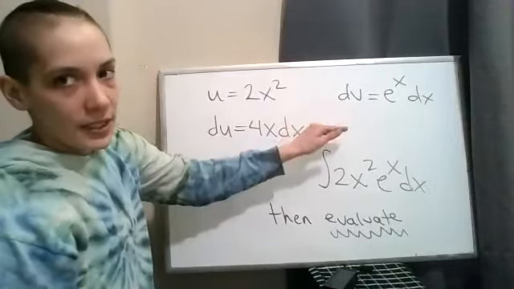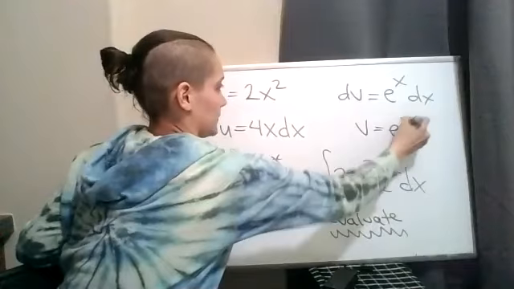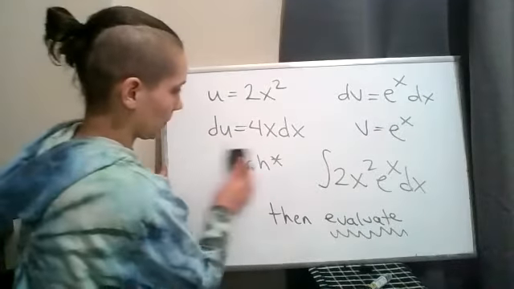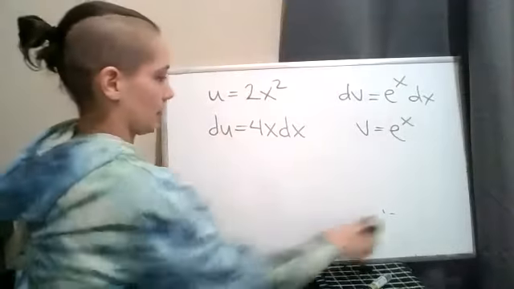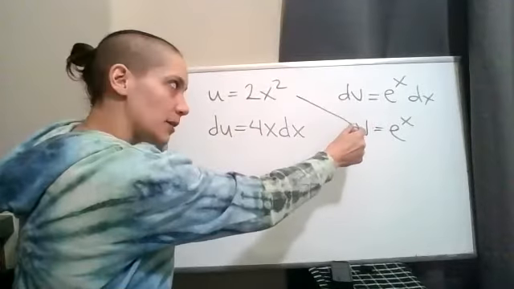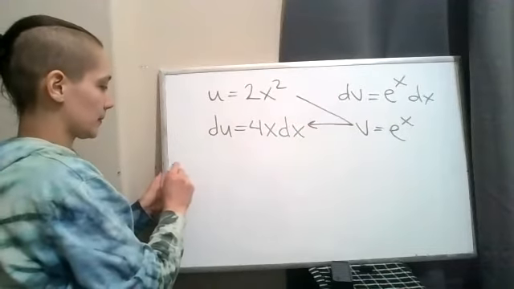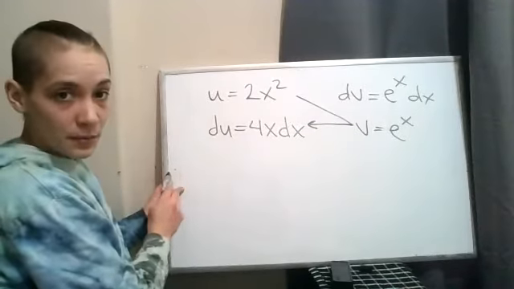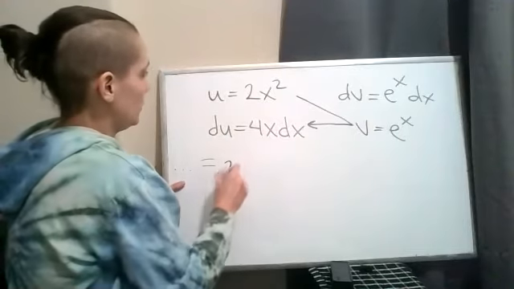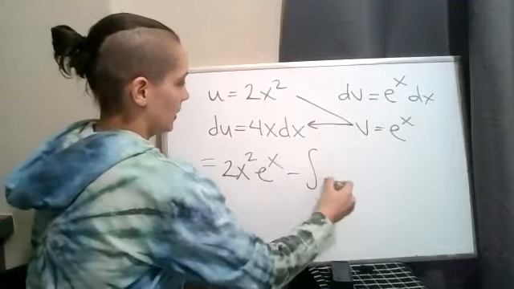On this side, v is equal to e to the x. Multiply u with v, and then subtract the integral of v du. So it's just picking up from the integral that we had: 2x squared e to the x, subtract the integral of 4x e to the x.